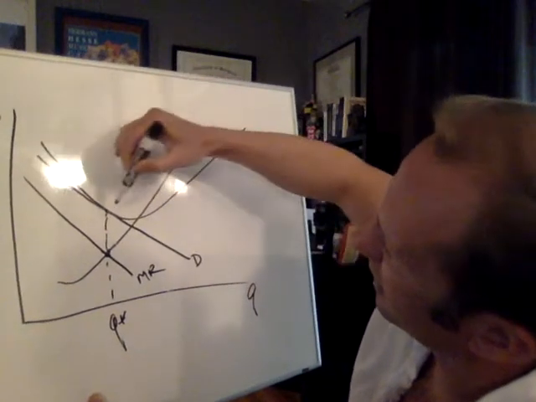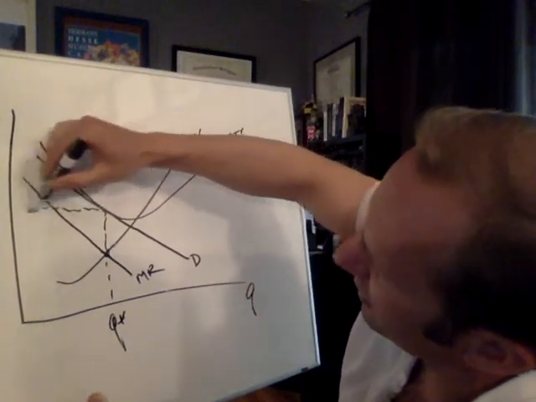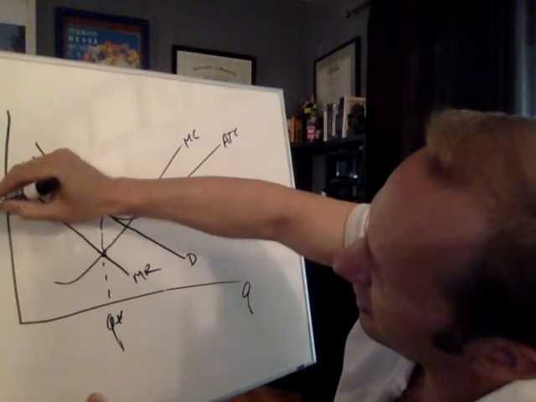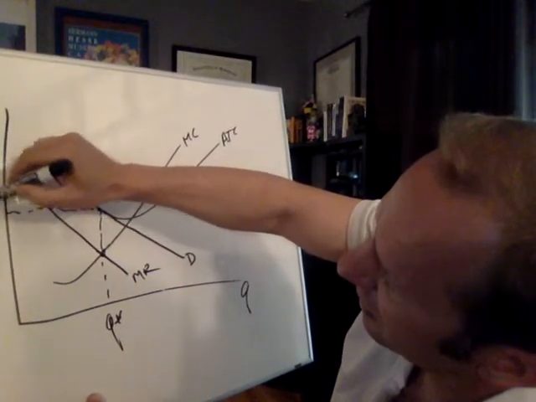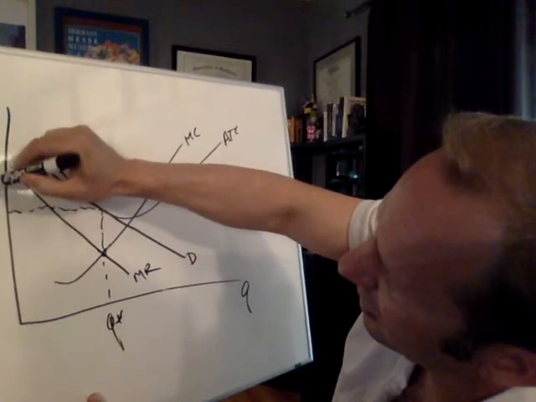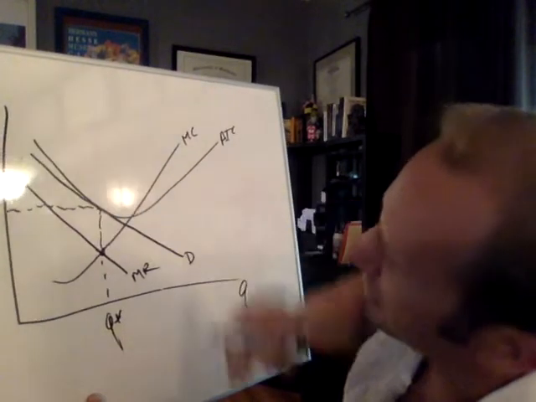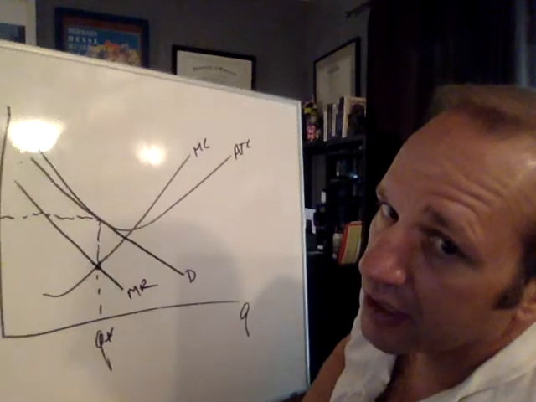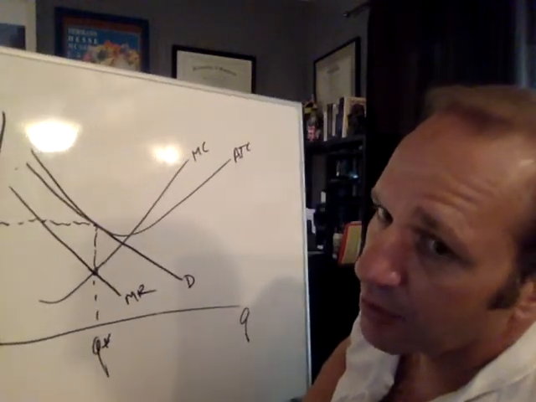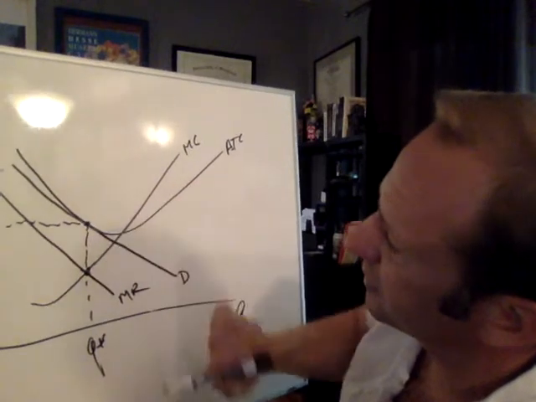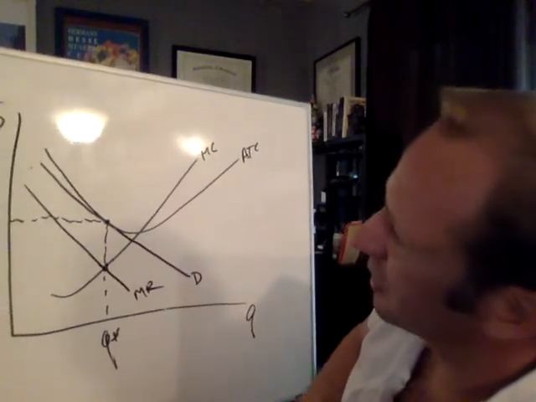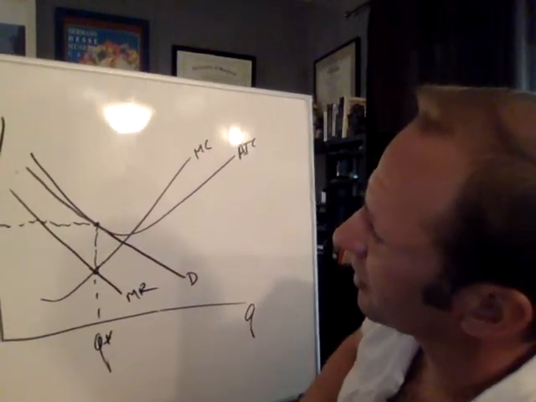If this is where they're tangent, this is right where the price is equal to the cost per unit. So here, they're not earning an economic profit right at this point, or right at this quantity. Total cost is equal to total revenue.